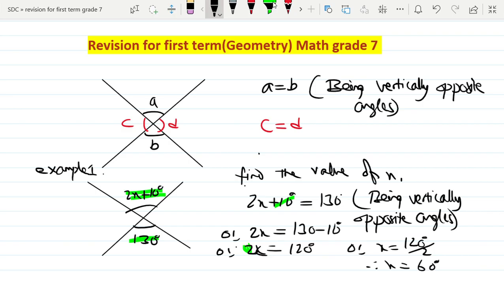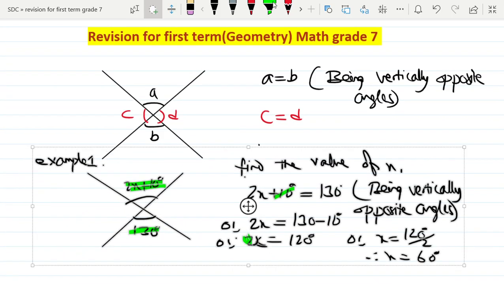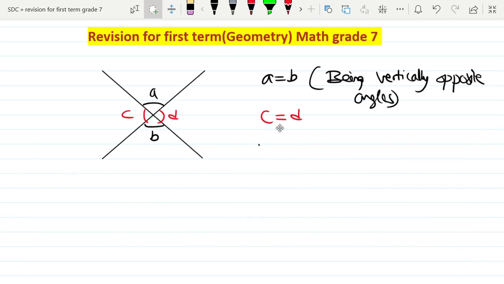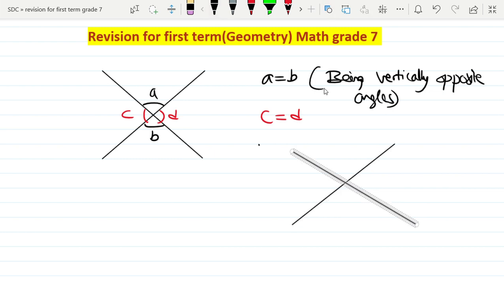Now I go with another example. In the next example, here we are given some angles x, a, b and c.